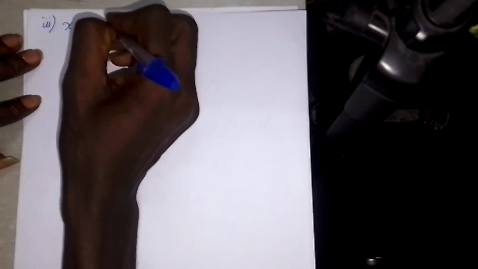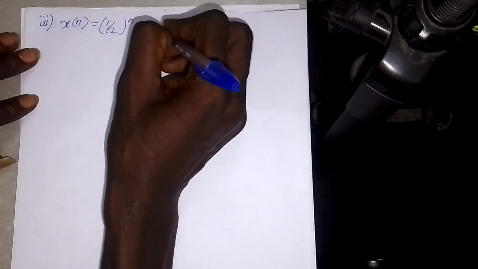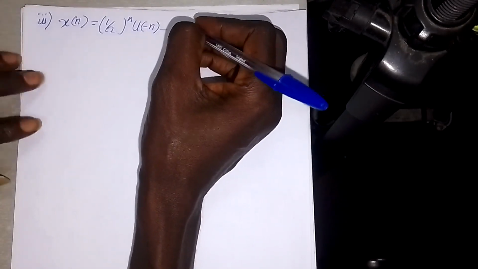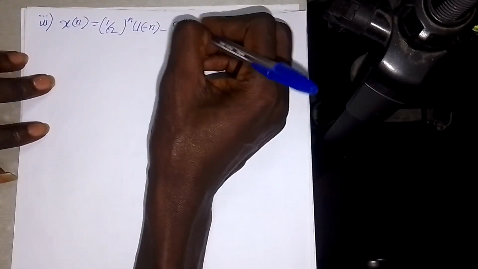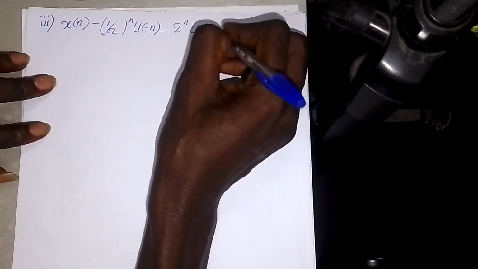So our third question is x of n equals (1/2) exponent n into u of minus n, minus 2 exponent n into u of minus n minus 1.